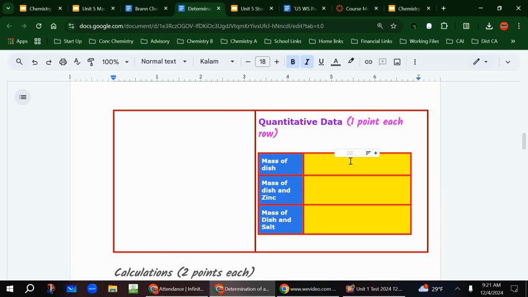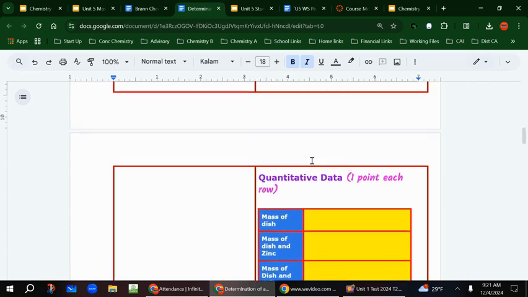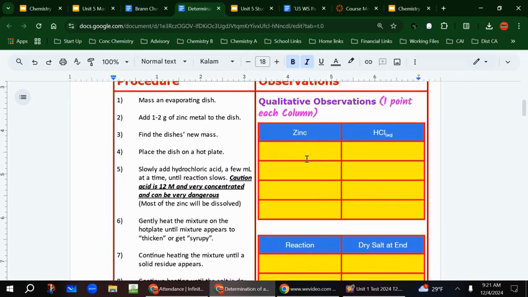Okay, so you're going to find the mass of the dish. Step number 2, you're going to add 1 to 2 grams of zinc metal. That is already massed out in this dish. There is 1 to 2 grams of zinc metal in this dish already done. All you have to do is take the entire amount, dump it into the evaporating dish on the balance, and now find the mass of the dish and the zinc metal that is there.